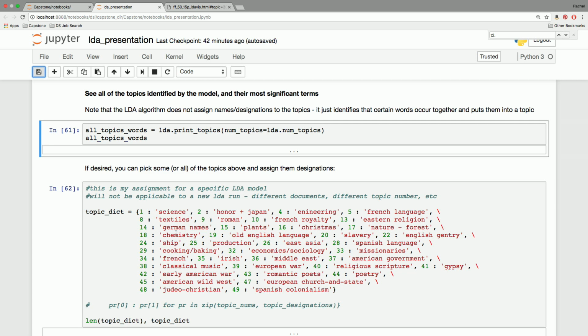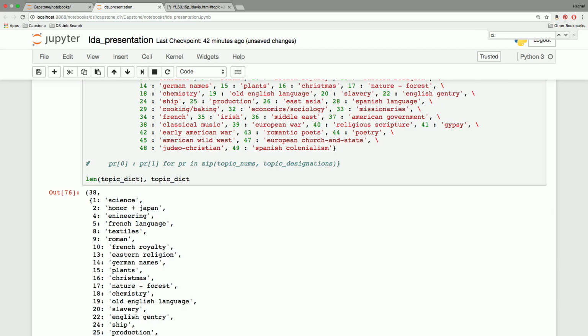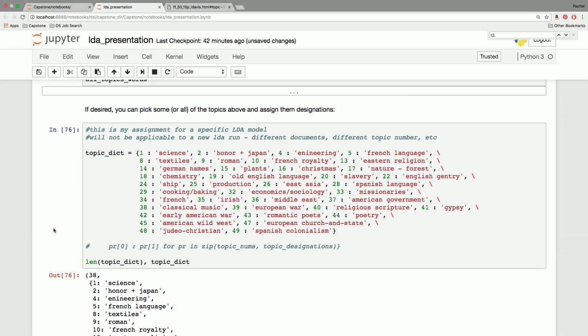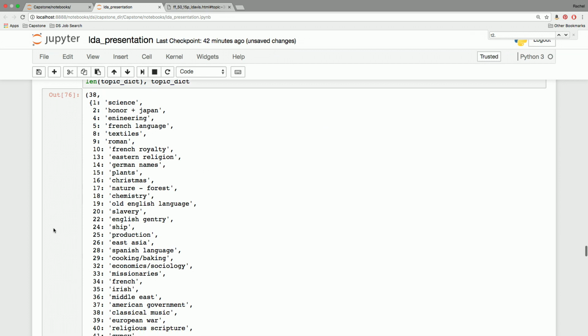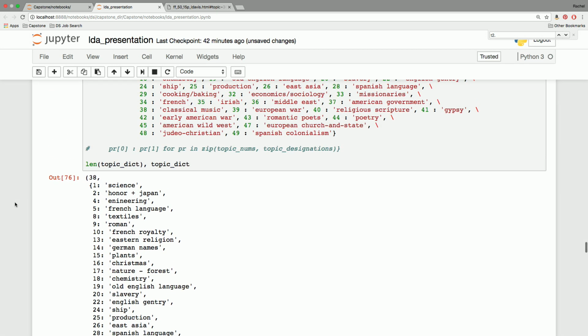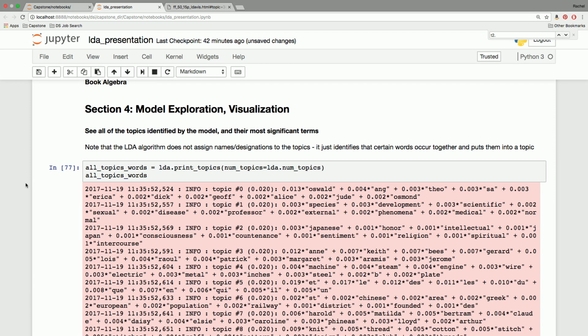The LDA algorithm clusters topics. It goes through and calculates all these words and how they're related to each other. What it doesn't do is give us any interpretability for the topic. So I've gone through here and assigned some topic designations. Within our corpus, let's go back up here and look at all the topics quickly.